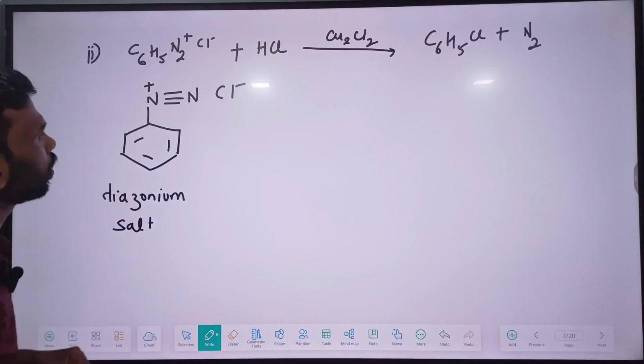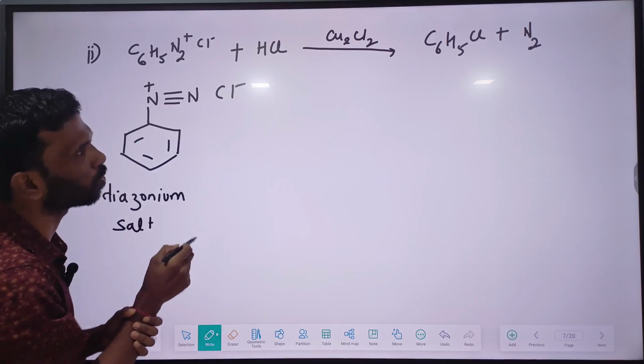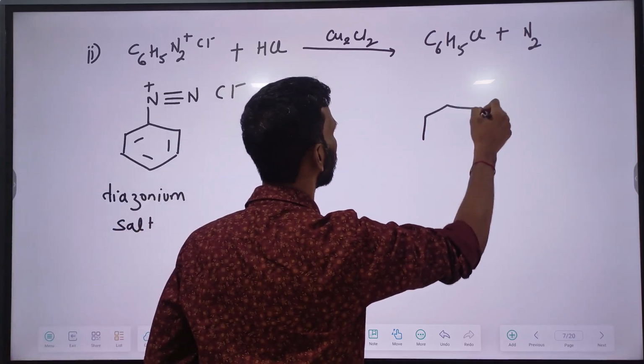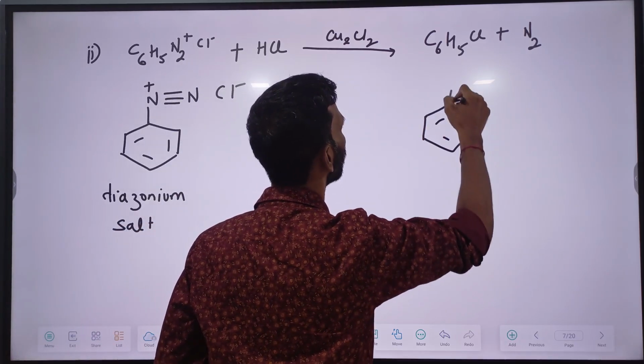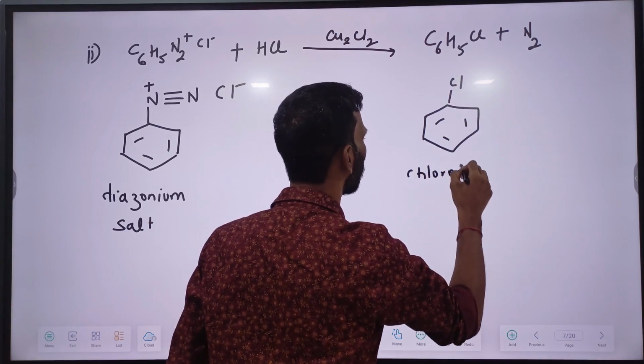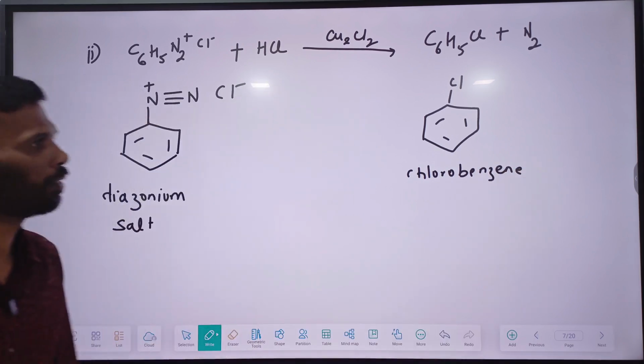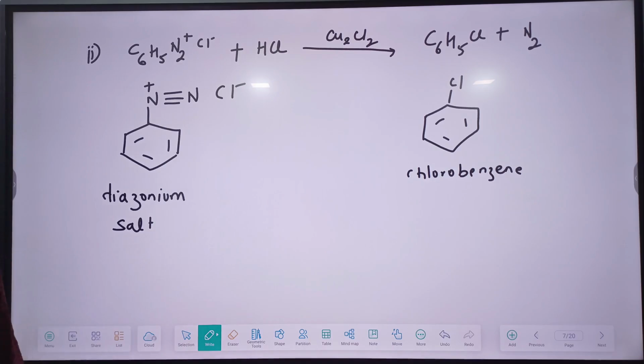This is further reacted in the presence of acid and cuprous chloride, and you get chlorobenzene, a haloarene, right? And nitrogen gas is evolved.